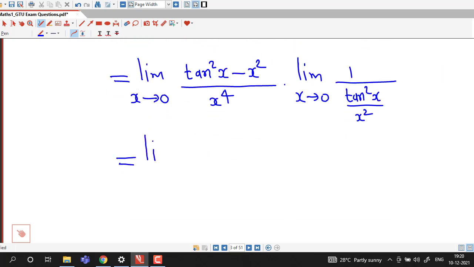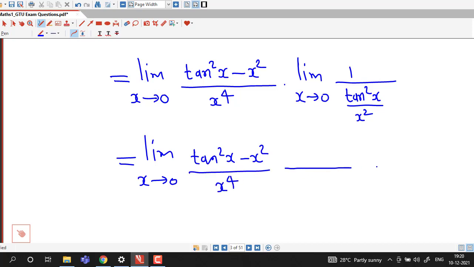The first is the limit as x approaches 0 of tan square x minus x square divided by x raised to 4, and the second we can rewrite as the limit of 1 divided by the limit of tan x by x whole square as x approaches 0.